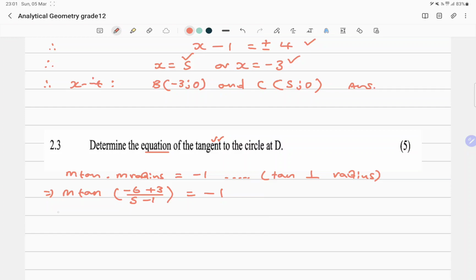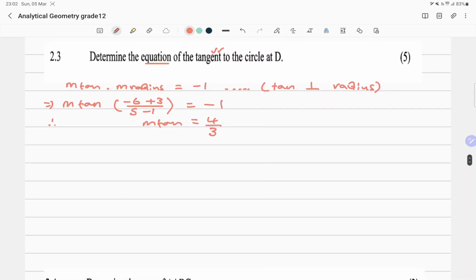Here you can just do the conclusion because you're already familiar with a lot of things as a matriculant. So this becomes -6 plus 3, it's -3, and then 5 minus 1 is 4, so this is -3 over 4. But then when you divide it by -1, the negatives cancel out and the fraction flips, it becomes 4 over 3, okay? So just know that would be the gradient of our tangent.